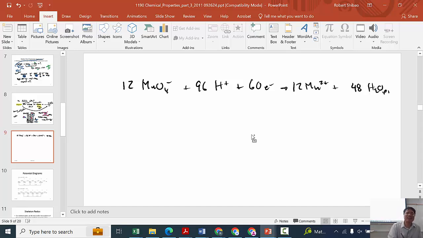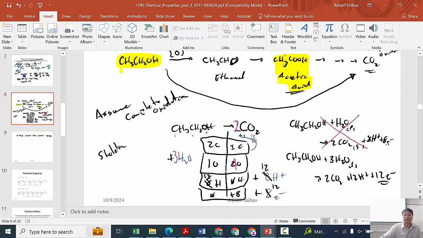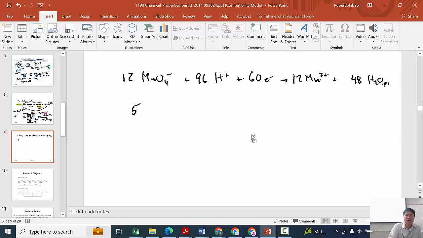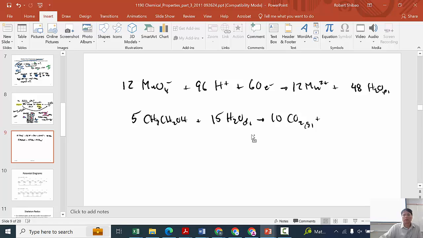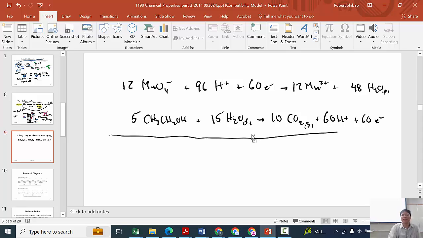I multiplied the permanganate equation by 12, and then I'm going to multiply the ethanol equation by 5. Okay, then I'm just going to add everything up.